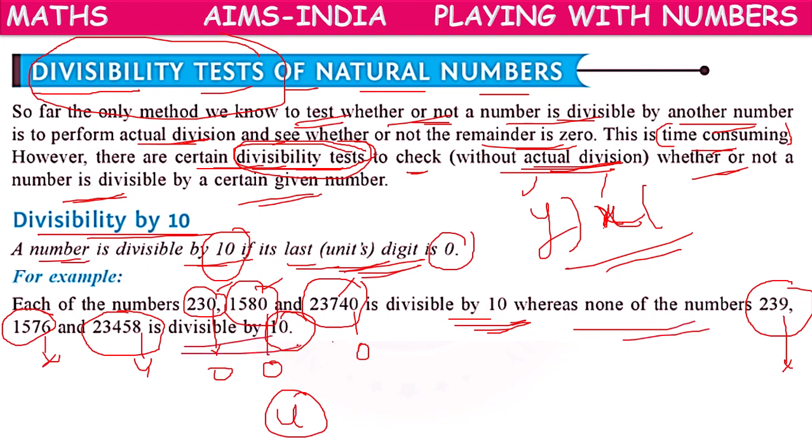Just by observing the digit in the units place, we can tell whether it is divisible by 10 or not. This is the divisibility test for 10. We have to test the digit in the units place.